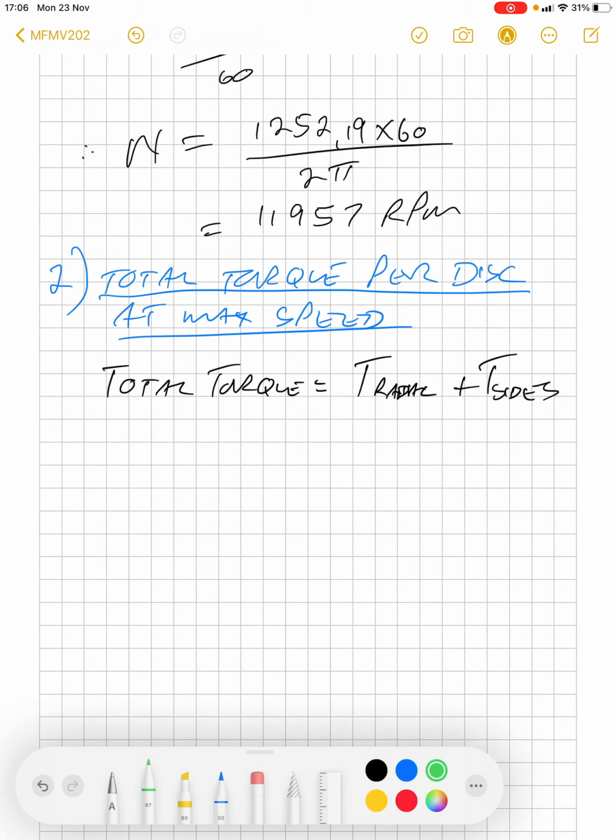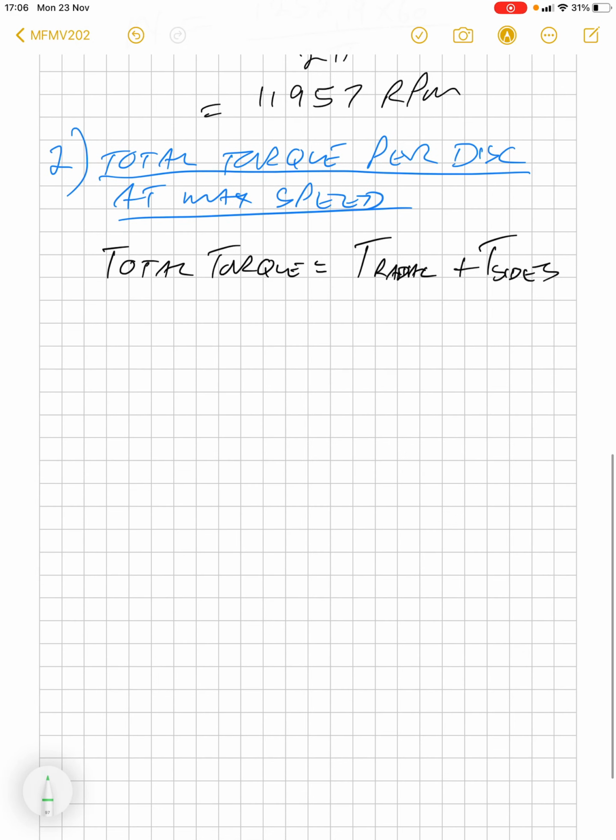So if we had to draw a diagram, we have our shaft, and that has a disc on it. Around that we have the dynamometer housing.